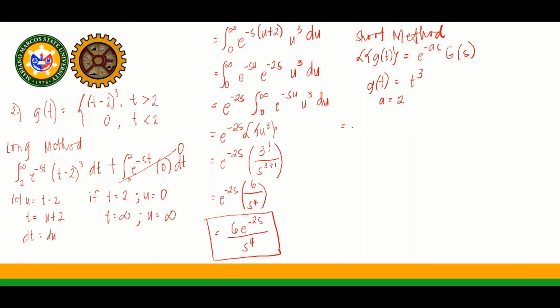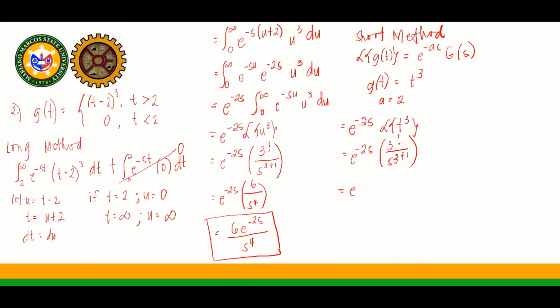Okay, so our answer will be e raised to negative 2s, since a is equal to 2, times the Laplace of g of t, the Laplace of t cubed. So this will be equal to e raised to negative 2s times 3 factorial over s raised to 3 plus 1.